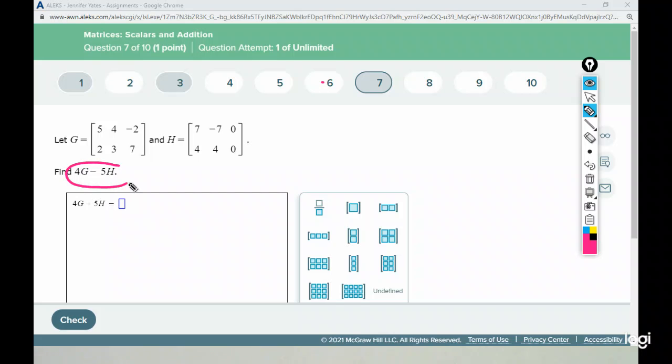All right, then last problem in here. What does it want me to do this time? Subtract 4G and then 5H. We have our phone, keep it away, please. 4G minus 5H, right? So we need to multiply G by 4. We need to multiply H by -5. Once I have those answers, what am I going to do? Subtract.